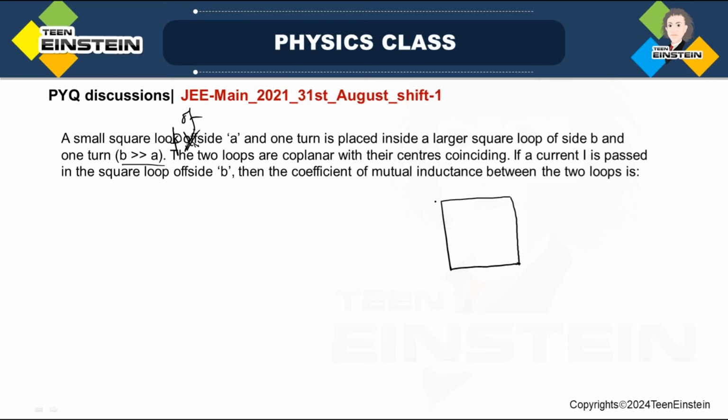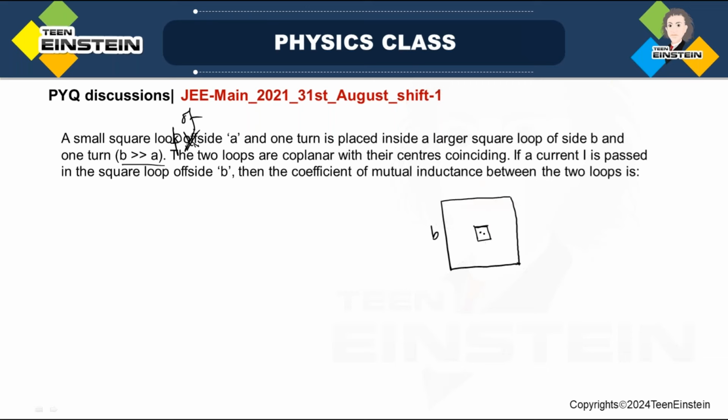This is the bigger square loop which has side b, and inside that there is a smaller square loop, and the two loops are coplanar with their centers coinciding. So if I say this is the center, I have got another square loop over here.